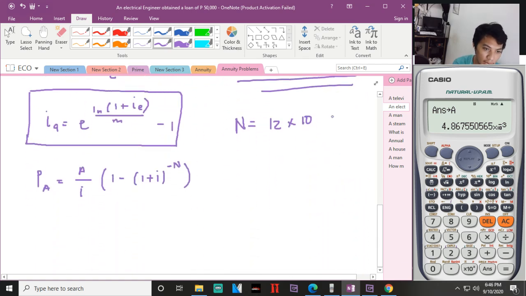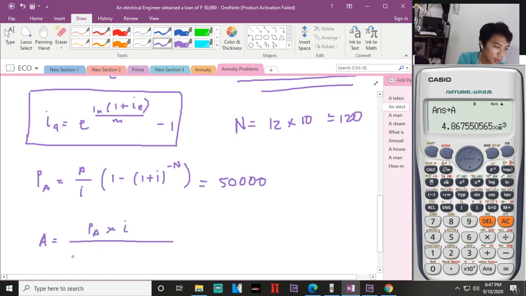That is 120. Alam natin si PA, that is 50,000 ang hiniram mo eh. Hiniram daw ni engineer. So, i-rearrange natin para makuha natin si A. A will be equal to PA times I over 1 minus 1 plus I raised to negative n.